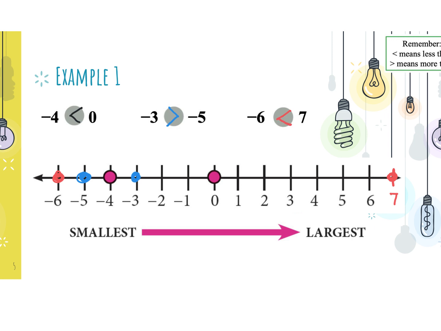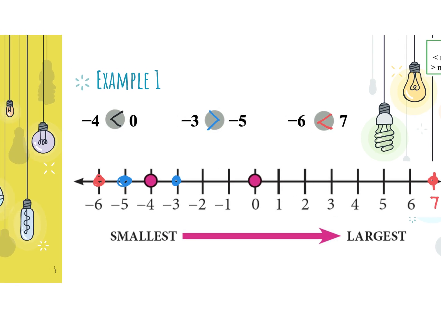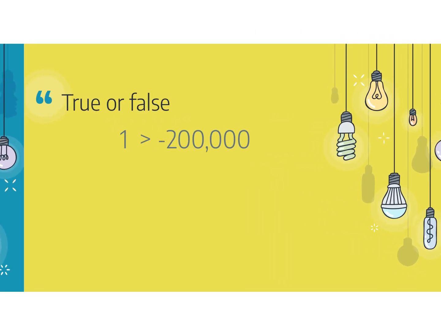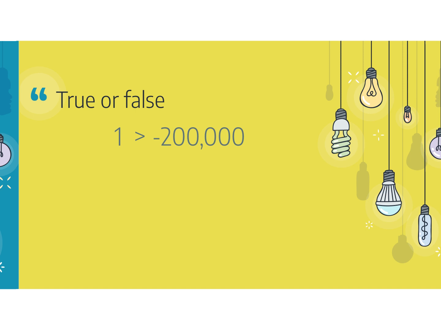Now, when we go back to our earlier question, 1 is greater than negative 200,000, that actually is true. Because if we were to plot 1 on this number line, we could put a tick mark here and plot 1, make a dot, and then negative 200,000.